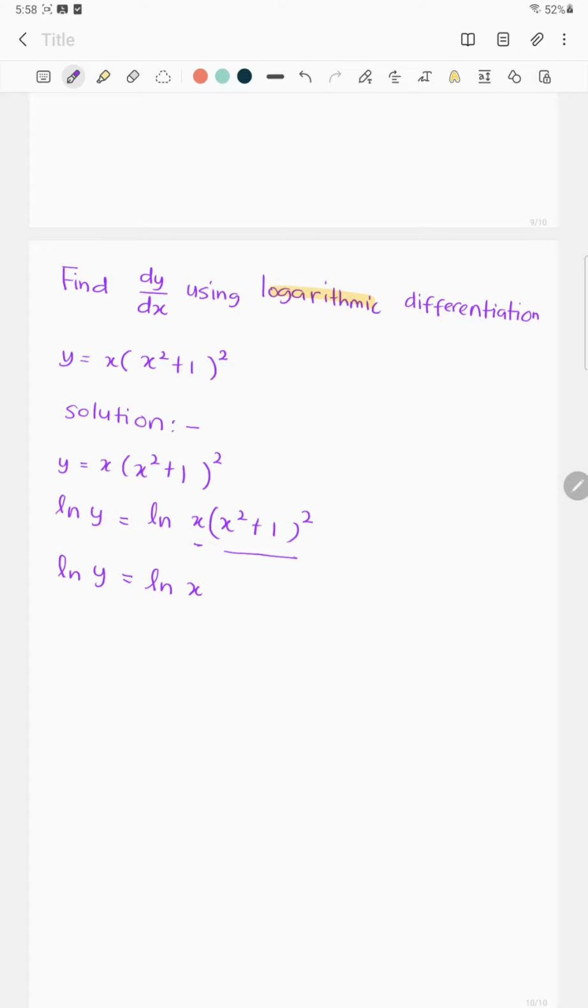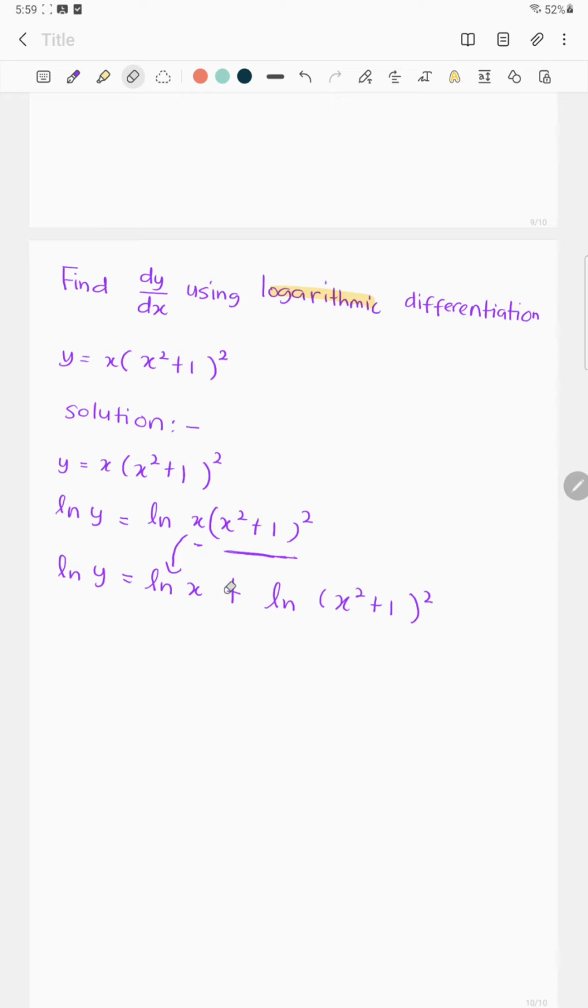Since this is multiplication, we can put plus. So it becomes ln x plus ln of x squared plus 1 with the power. The x is the first term, and x squared plus 1 with the power is the second term.